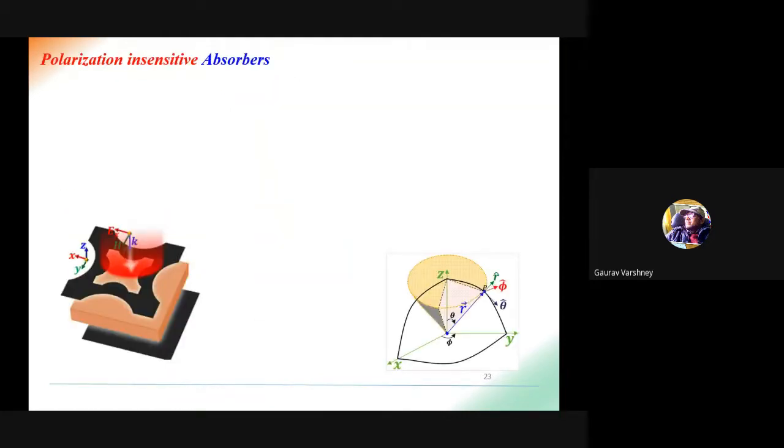Polarization insensitivity. There are two types of polarization. Generally, we talk about TE polarization and TM polarization in electromagnetics, so one can go through the polarization of waves. Whenever an electromagnetic wave is incident at normal incidence or oblique incidence, two polarizations can be there, TE and TM: transverse electric polarization and transverse magnetic polarization.